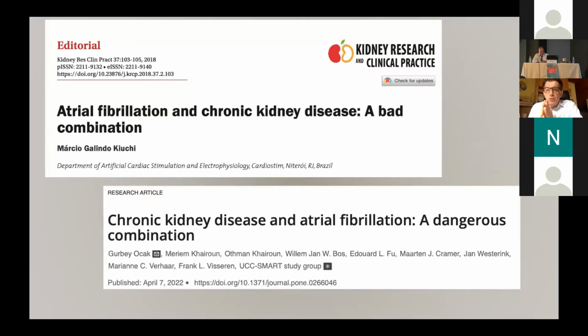Atrial fibrillation and chronic kidney disease is a bad combination, and you can see that in a lot of papers, and especially in our everyday attempts to treat these patients. And we discussed that a research paper came out just this April, 2022, saying it is a deadly combination to have chronic kidney disease.